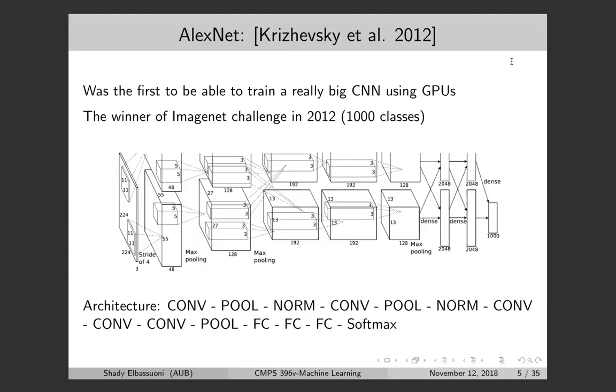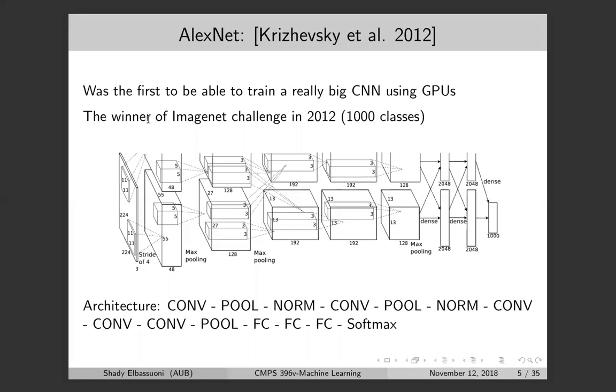And the idea is to classify an object based on its image into one of these 1,000 classes. There is a challenge yearly, and people participate in this challenge, and the one that gets the highest accuracy becomes the winner. So AlexNet was the winner of the 2012 ImageNet challenge.